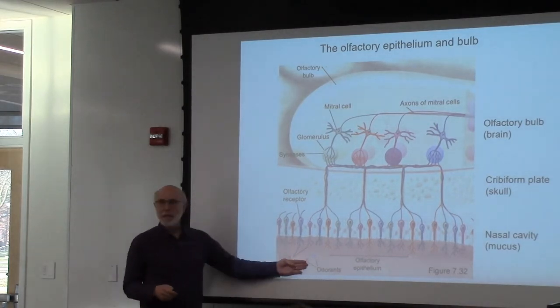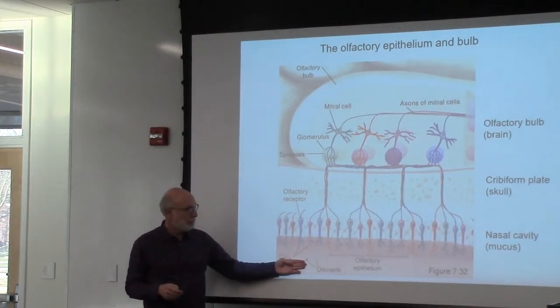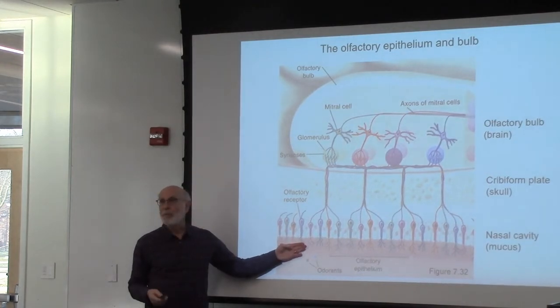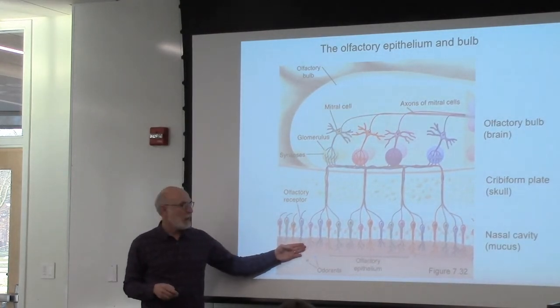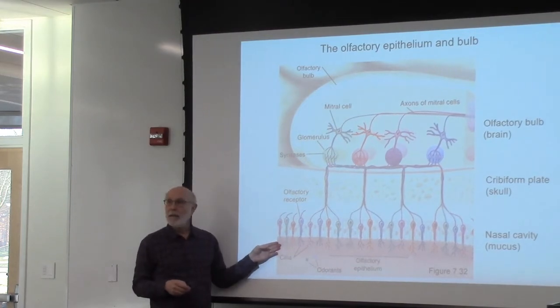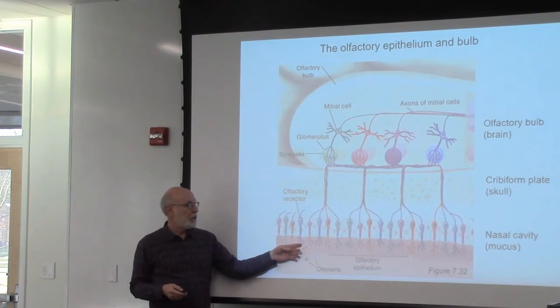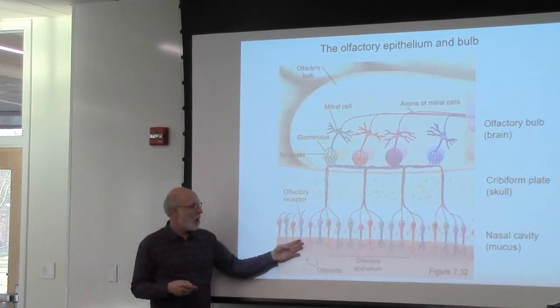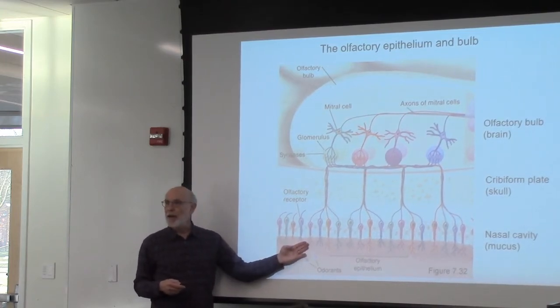So odorants in the nasal cavity bind to receptor molecules on the cilia of the odorant receptor cells. So the receptor molecules are on the cilia of the receptor cells.